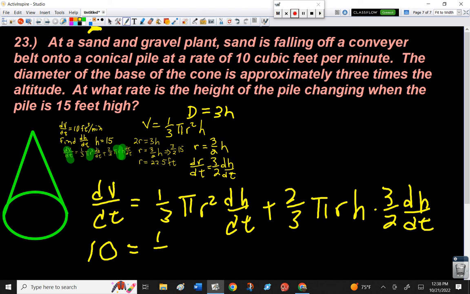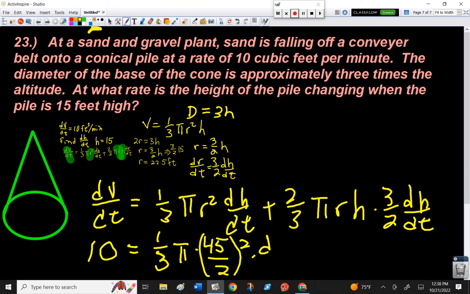We know that r is, you know what? I did say 22.5, but I'm going to keep it as 45/2 right now, because I think things are going to simplify for us. Yes, I'm sure things are going to simplify for us.